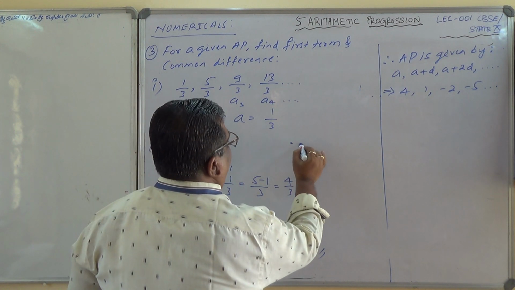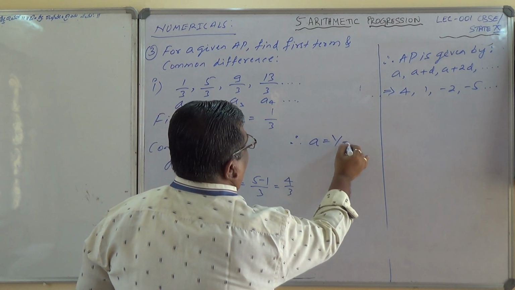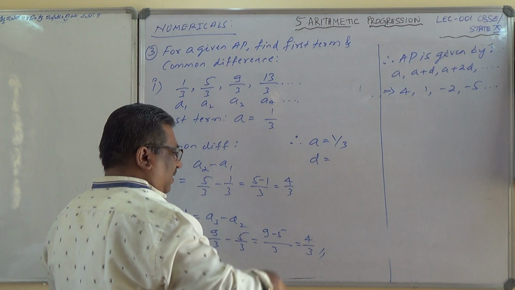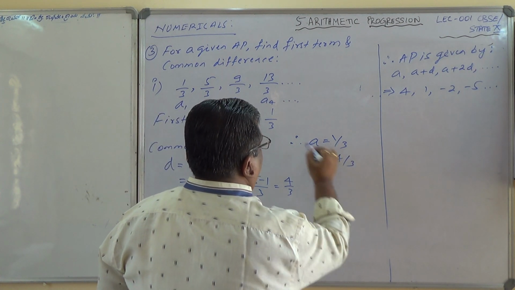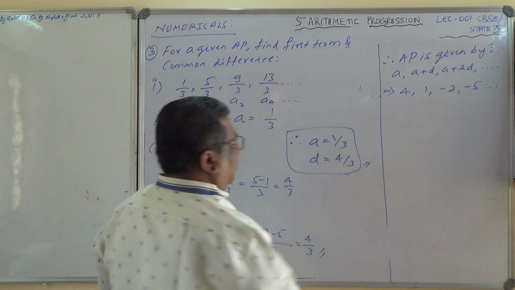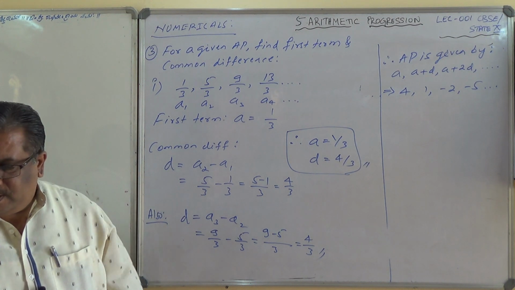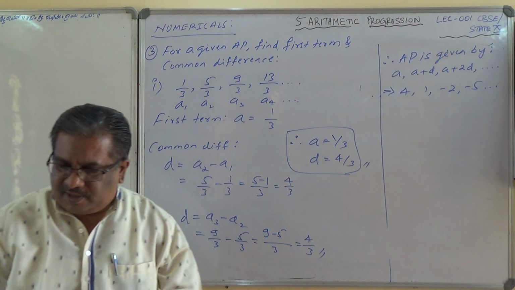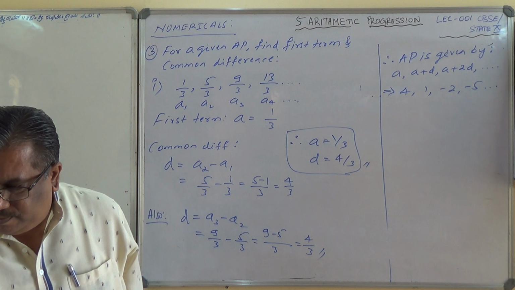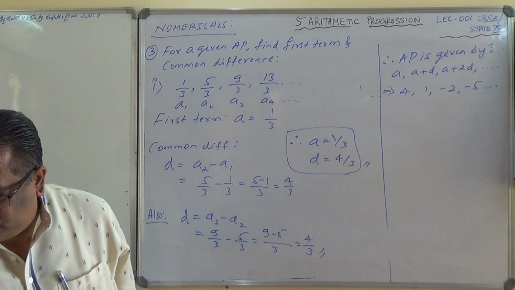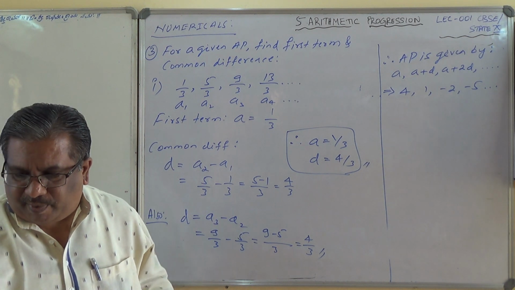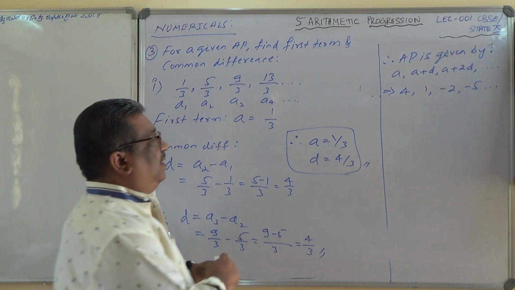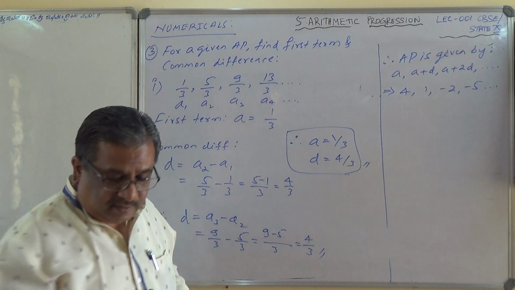And finally, therefore, A equals 1 by 3, D equals, this is the final answer, 4 by 3. So this is my answer for the given question. Okay. So let me take from your textbook, second one. 3 by 2, 1 by 2, and there is an example here. I'll write here.